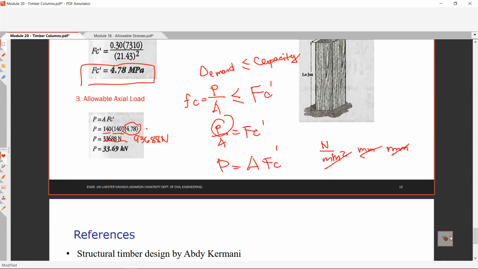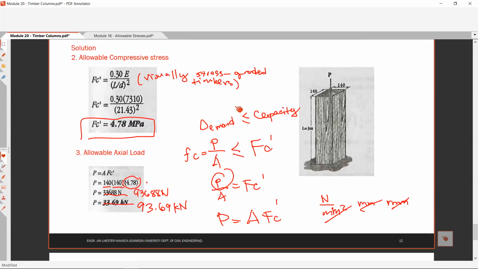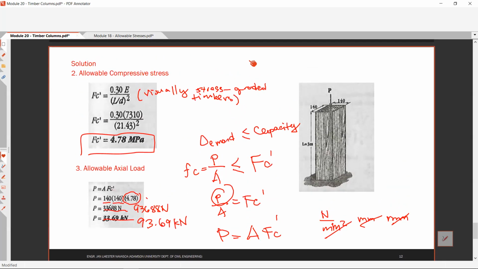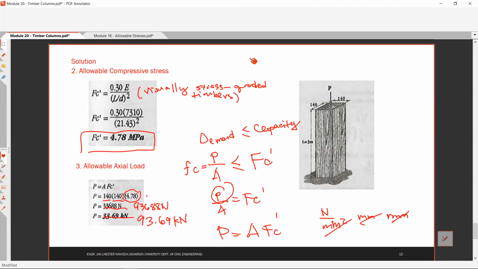Therefore, your units is 93,688 newtons. So this one is your answer. So convert mo sa kilonewton, divide mo lang siya sa 1,000, you get 93.69 kilonewtons.